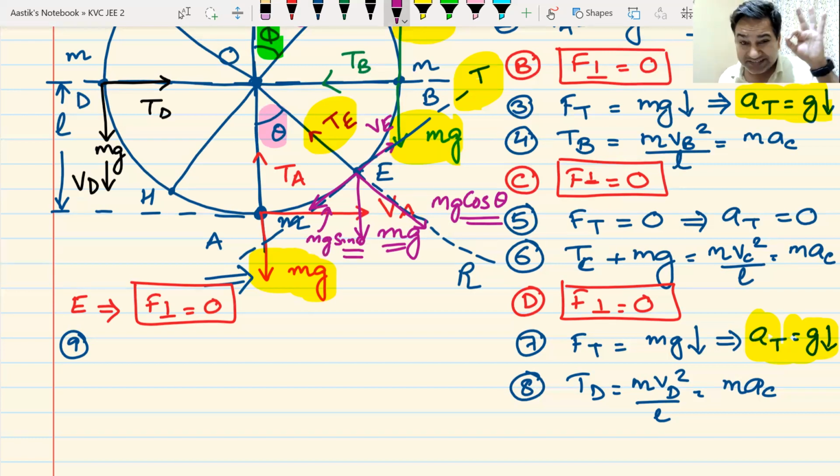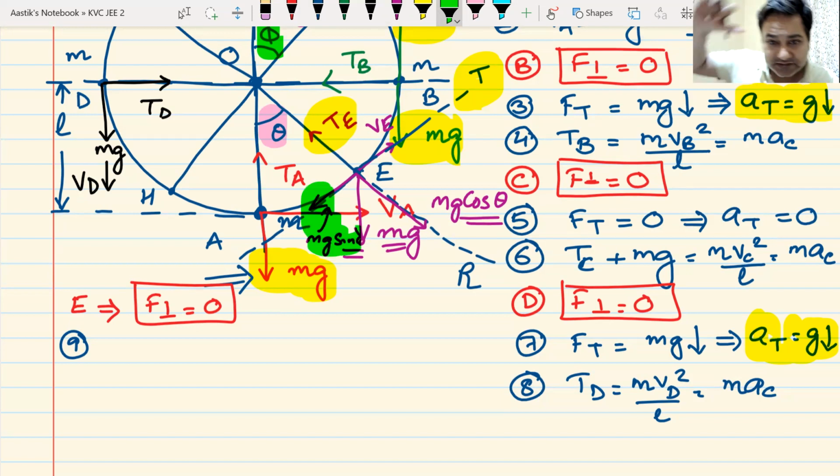Now, what you got to see here, and that we'll also write and note down. Look at what I am going to highlight in green. This mg sin theta direction is like this, and this VE direction is like this.